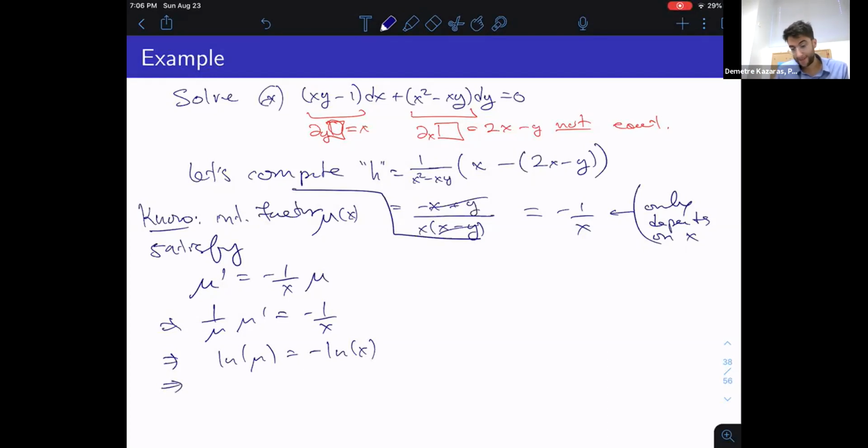All right, so trying to figure out what mu is now. So we exponentiate both sides. We get mu is equal to 1 over x. If you exponentiate minus natural log of x, this is what we get.